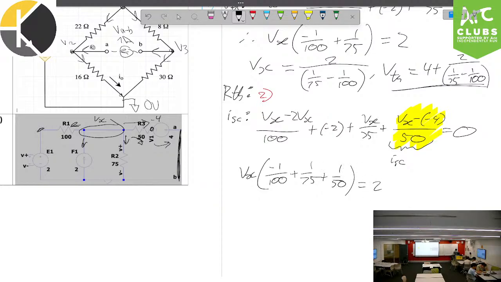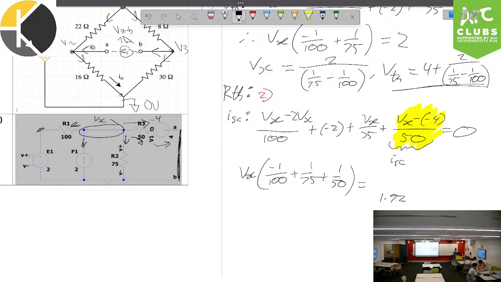I end up with 2 minus 4 on 50. Yeah? Alright. Minus 4 on 50. 4 on 50 is going to look like, what, 0.8? No, 0.08. Okay? So we can say 0.08, and then we get 1.92. Okay? That's what we get there.